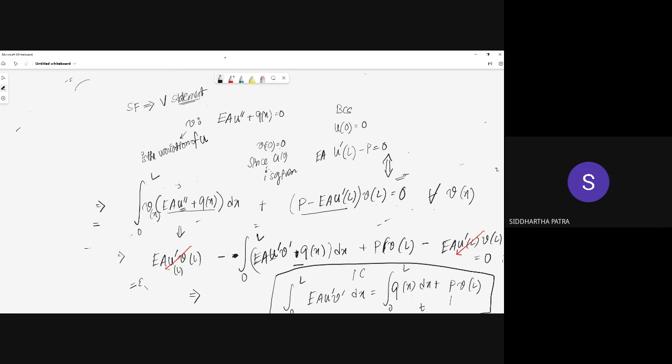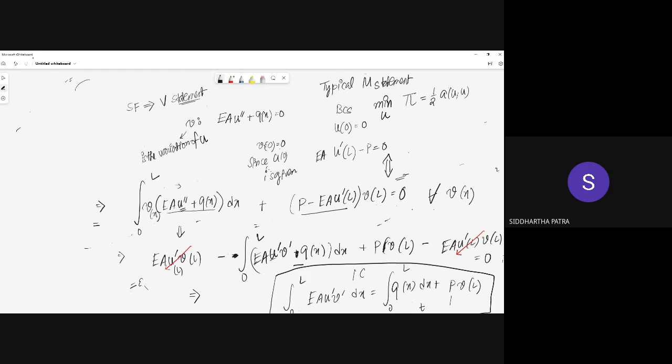So a typical minimization statement would be: minimize with respect to u, pi, which is half A(u,u), where A is a linear operator.